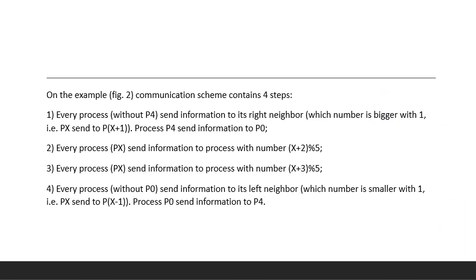In the example, the figure 2 communication scheme contains 4 steps. Every process except P4 sends information to its right neighbor, whose number is bigger by 1: Px sends to Px+1, and process P4 sends information to P0.